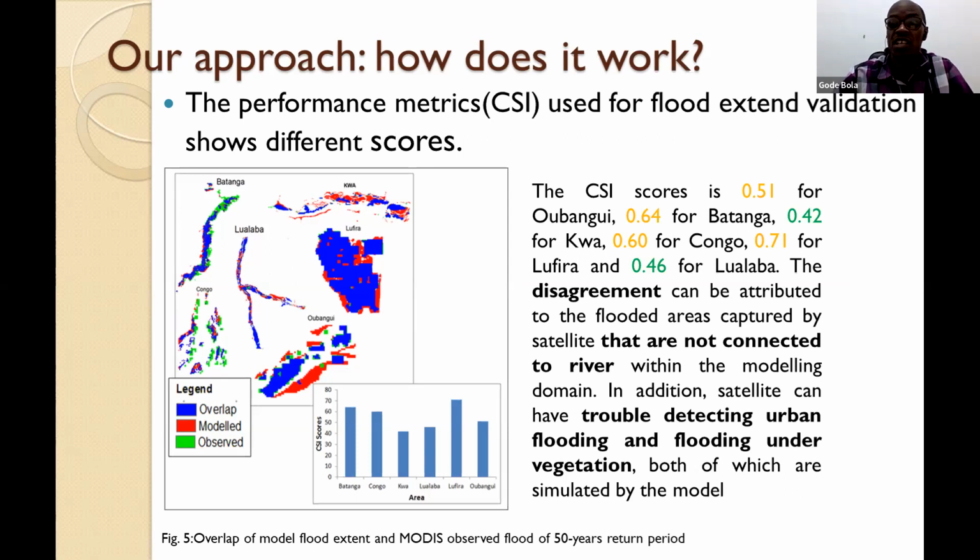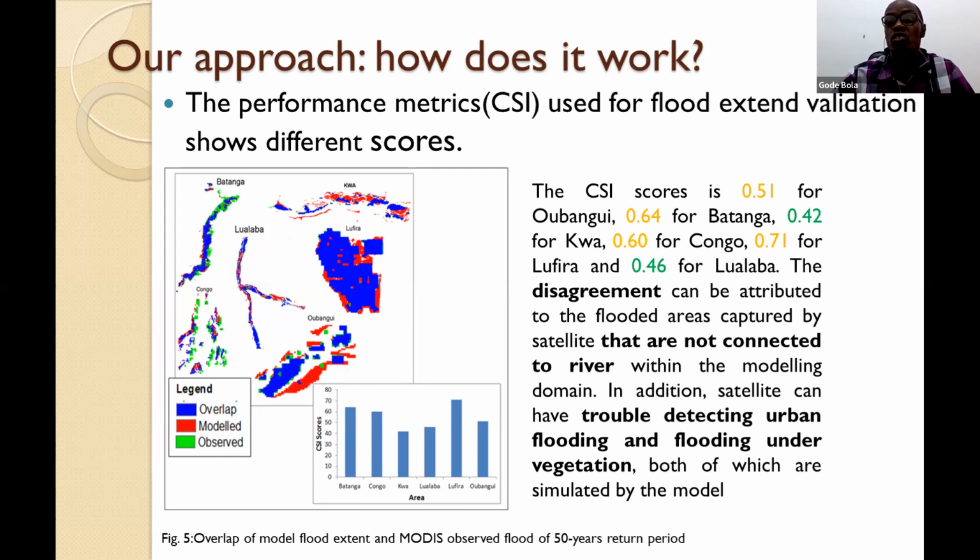In addition, we found that another factor that could hinder agreement between the observed and the modeled flood was the forested area, because as we know the Congo Basin is a forested area. Most of the difficulty that satellite images have to face is about the forest.